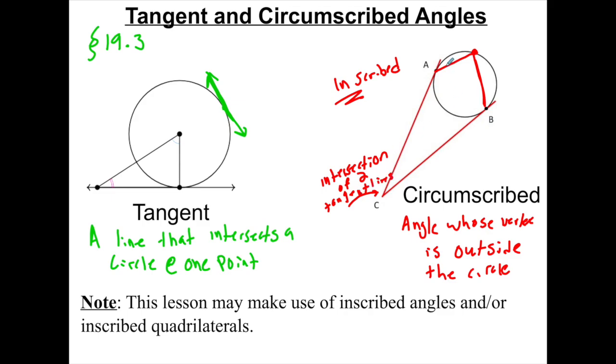So we have 2 tangent lines, they intersect outside of the circle, and that point of intersection forms the vertex of the circumscribed angle. And then the 2 points, these are what we call points of tangency, the one point where the line touches the circle. So the points of tangency here give us the ACB or the BCA, that circumscribed angle.